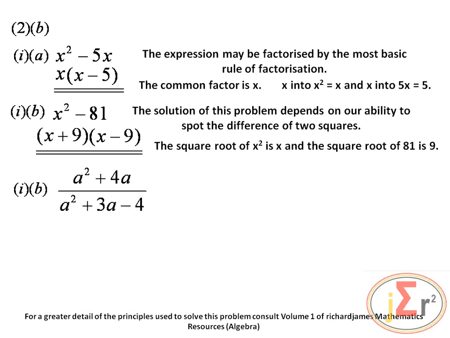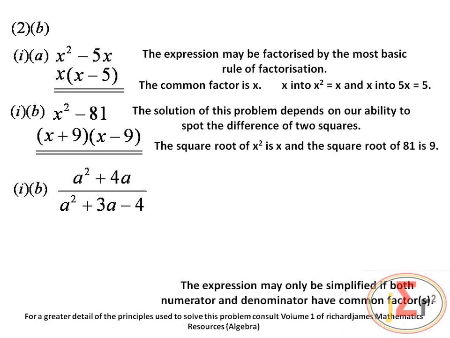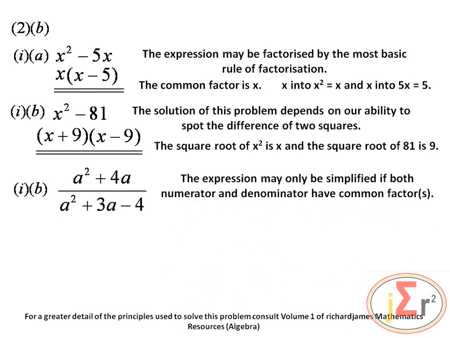Now we have an algebraic fraction. I like this problem because this problem requires us to understand that we cannot just go ahead and start to say a squared will cancel with a squared and a will cancel with a and all of that. So that is going to be very horrible.